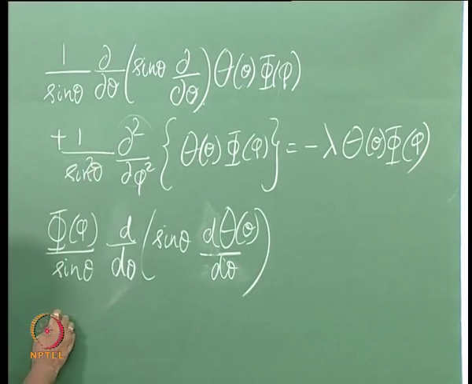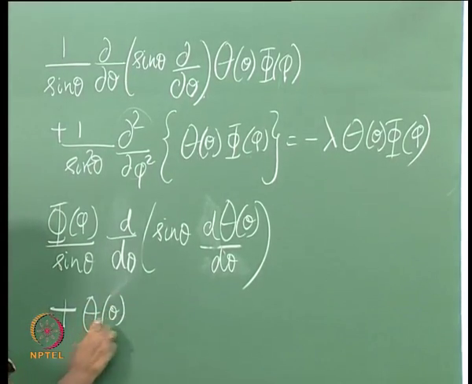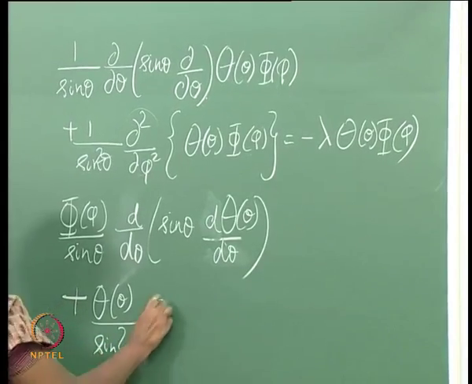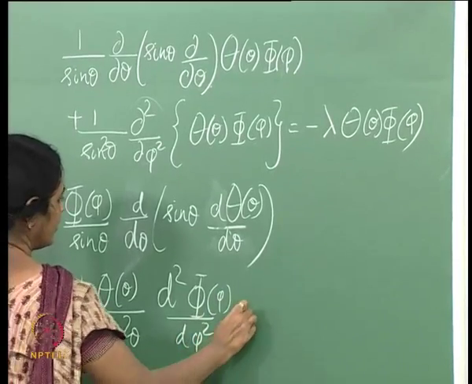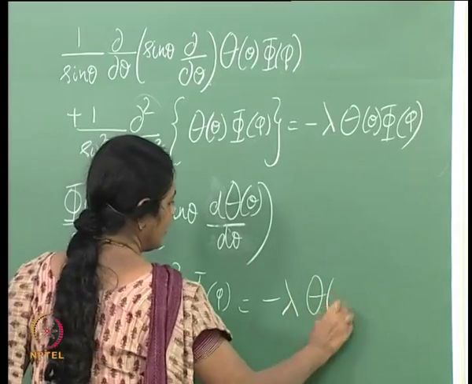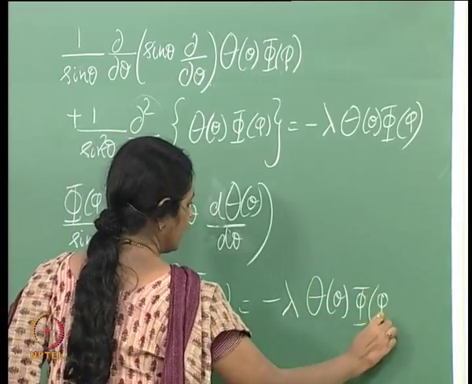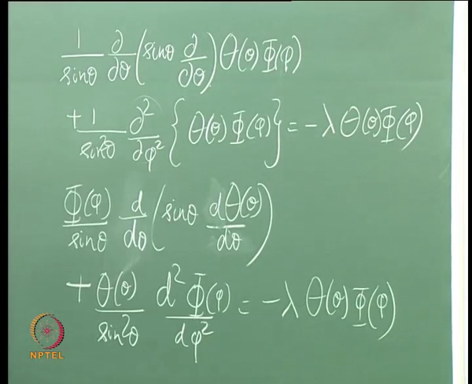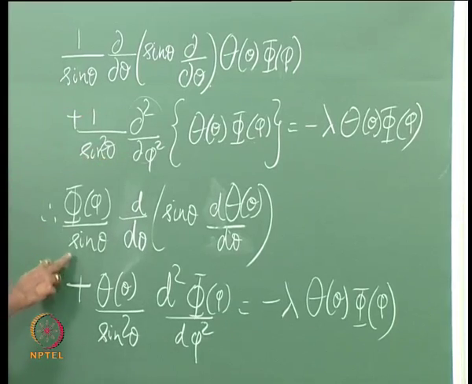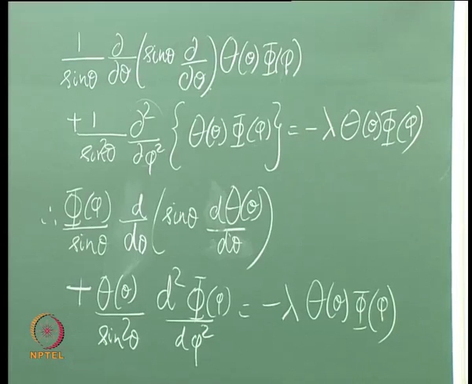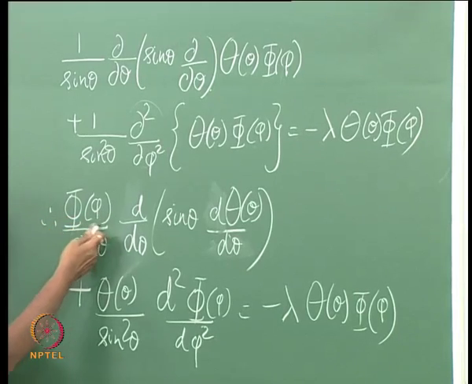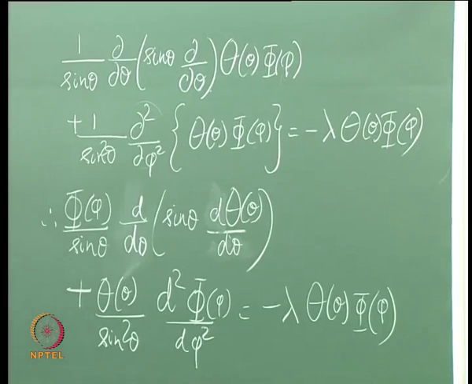The second term gives me plus Theta of theta by sine squared theta d2 Phi of phi by d phi squared is minus lambda Theta of theta Phi of phi. This was the eigenvalue equation, and therefore, I have this equation here. Clearly, in the separation of variables, by now we know that you just divide by Theta Phi, and then let me write the equation on the other side.